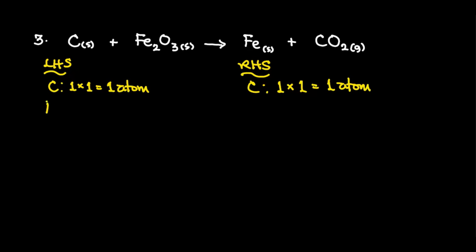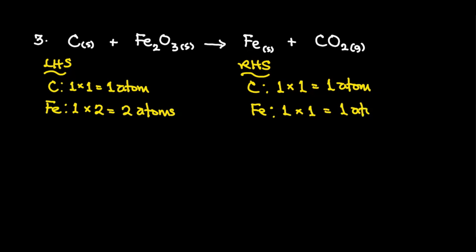Then iron on the left hand side is 1 times 2, which gives us 2 atoms of iron on the left hand side. But on the right hand side, iron is 1 times 1. That's 1 atom. So definitely iron is not balanced. So we have some balancing to do.